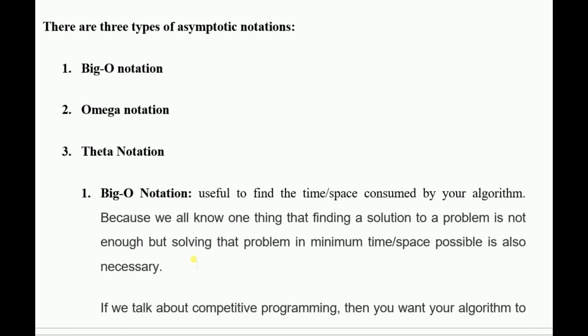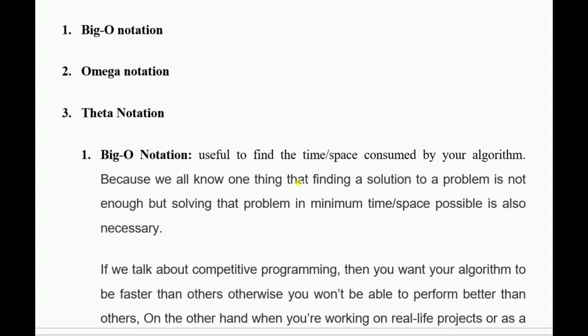First we will take big O notation and see what it is. Big O notation is useful to find the time or space consumed by your algorithm. That means to find the time or space complexity, we can use these notations.